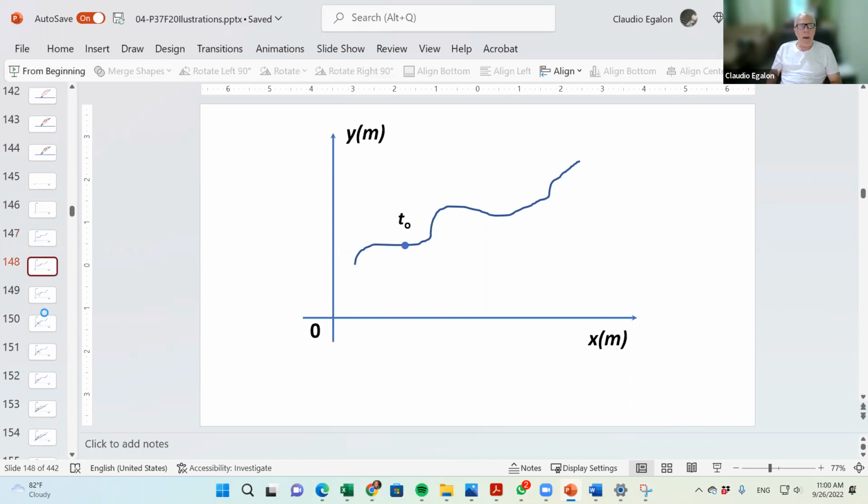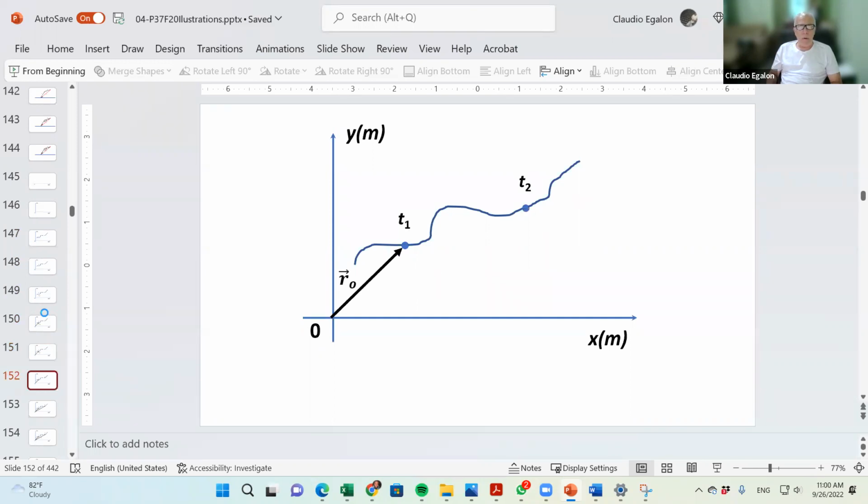And we place a particle at the initial instant of time at this spot, illustrate its coordinates, x naught, y naught. This coordinate can also be illustrated by a position vector, which is the initial position vector.